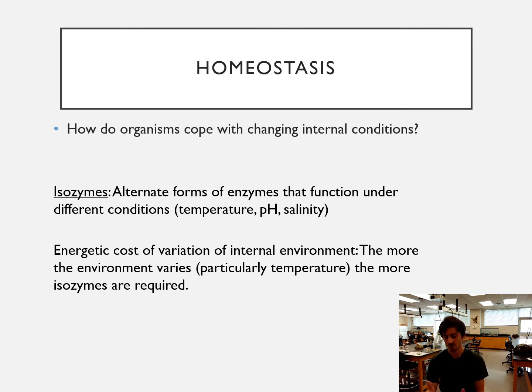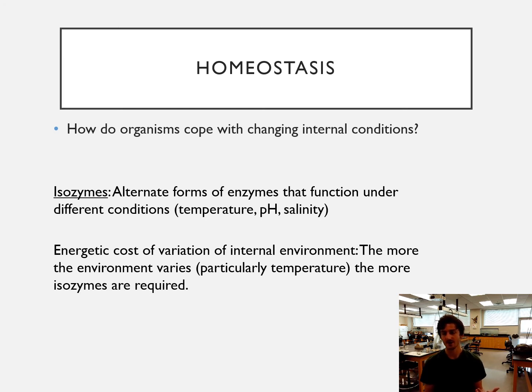When your body exceeds or goes under those conditions, your body begins to produce what are called isozymes, and those are the alternate forms.